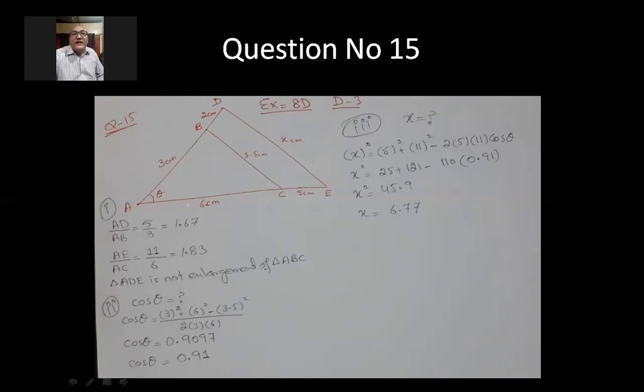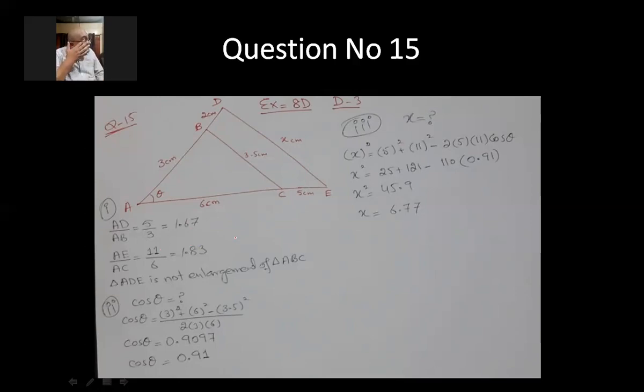Then I will take this side. The big triangle its side is AE, and the small triangle corresponding side is AC. So the AE ratio AC, that will be 11 divided by 6, and that in decimal fraction is 1.83. So you can see that these ratios are not same. So if these ratios are not same, then it means that the ADE is not similar to the triangle ABC.